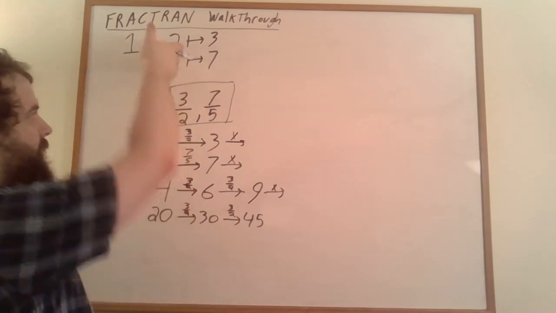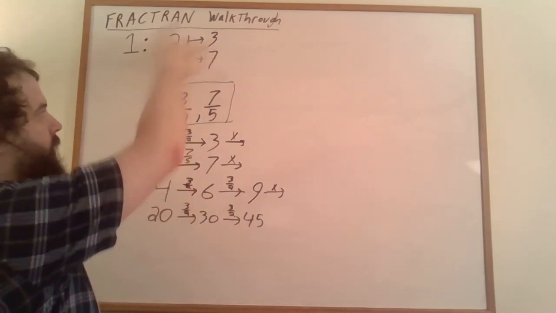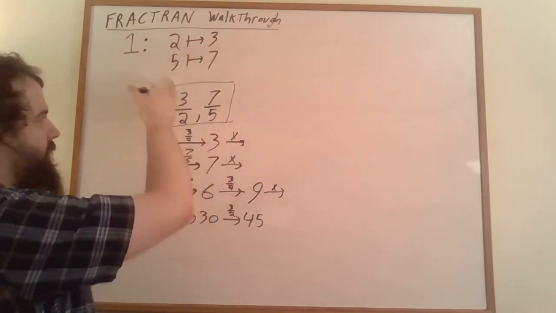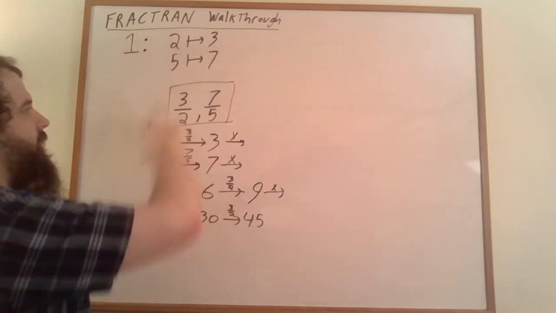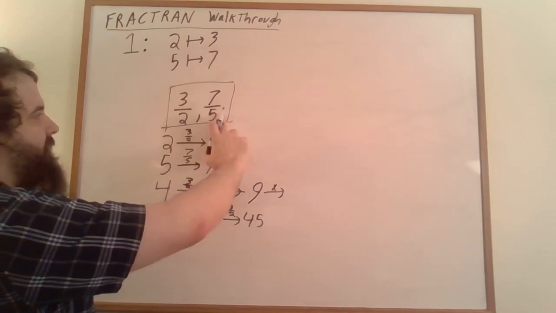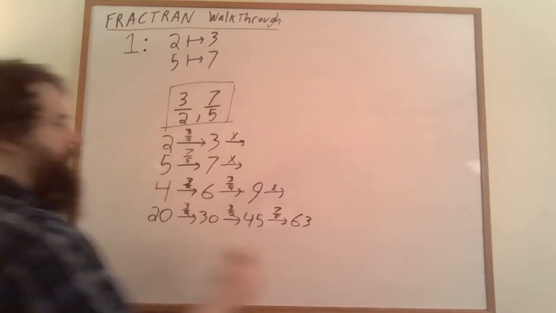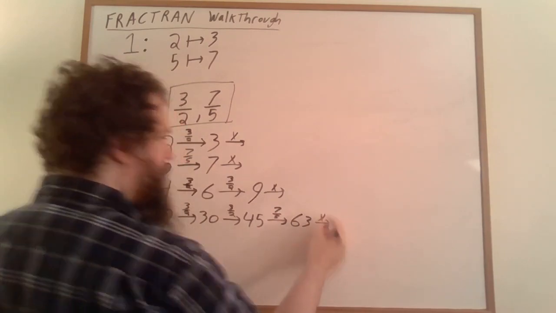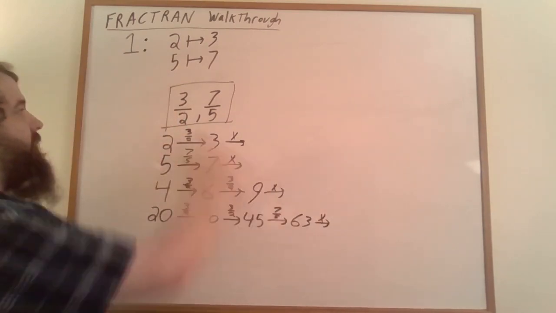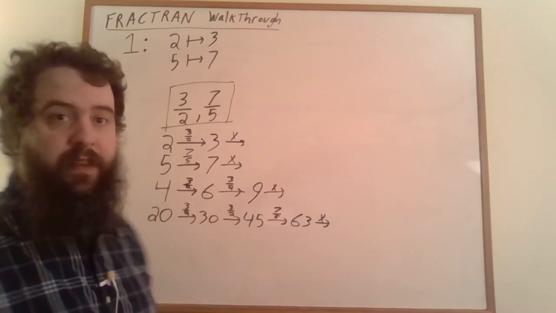So again, remember that we go through the fractions one by one and see what we can multiply by. And now we can multiply by 7/5. 63, we can't multiply by either of these, so we're done. If you input 20, this program here outputs 63.